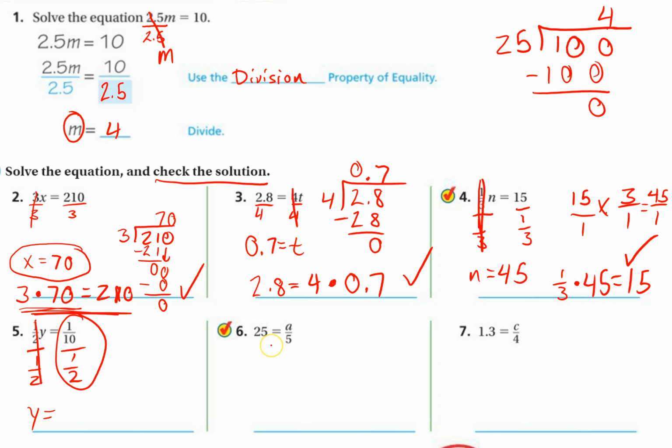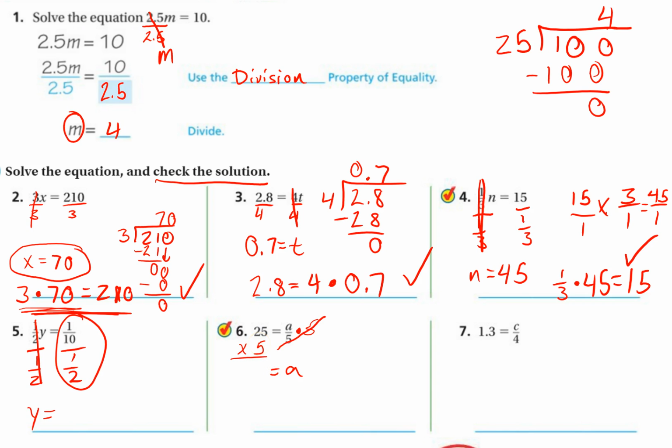All right, now number 6 and 7 are a little bit different. It has the variable, and then it has the fraction sign. So this is actually division. So we want to multiply both sides. What do we multiply both sides by? The denominator, 5. That will get rid of the 5, leaving you with just a, and then I multiply the other side by 5 as well.